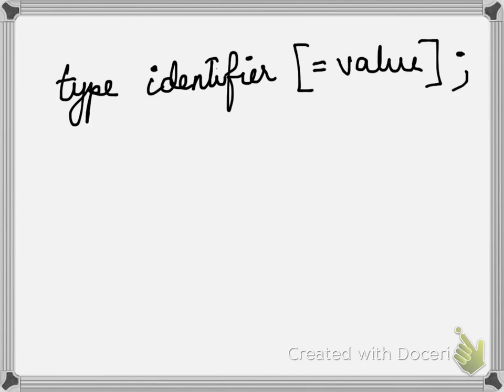So let me define an integer variable: int age is assigned 10. Here age is the variable, that is the name or the identifier, int is the data type, and 10 is the initial value assigned to age.